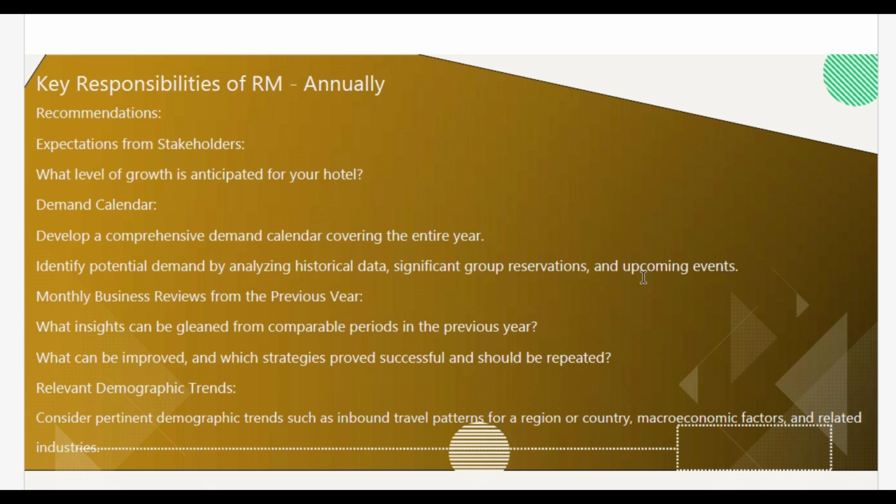You can look at all the available data resources, reports, etc., and try to find the data points which would be helpful for you in the upcoming year. This will help you know what went wrong last year, so that it can be improved, and which strategies proved successful and should be repeated, or maybe repeated with some alterations, amendments, changes, etc.